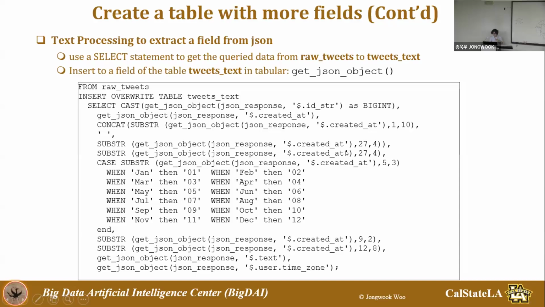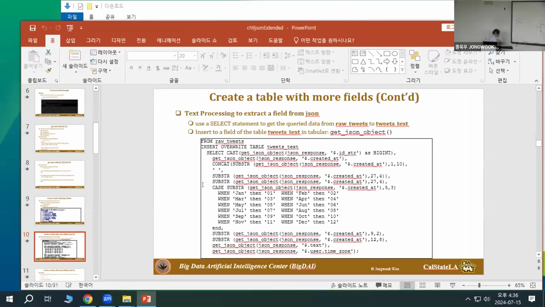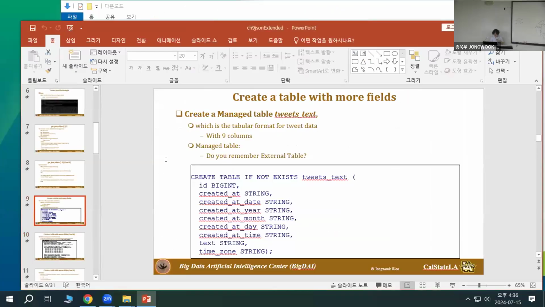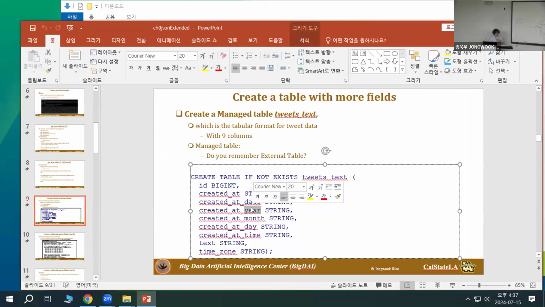From 27th character, you want to read only 4 characters. So simply, this is actually year of created at. So if you look at the first column, this is year column. That is the year to create this tweet.